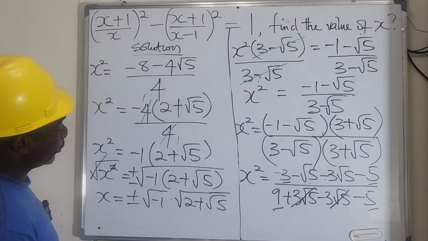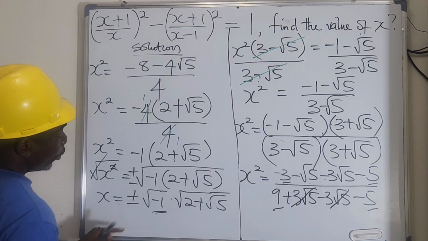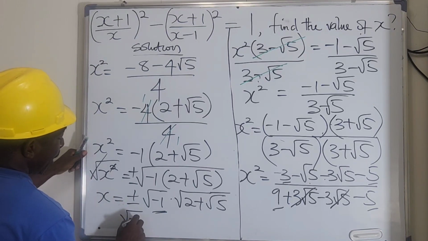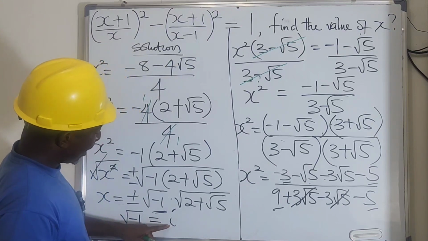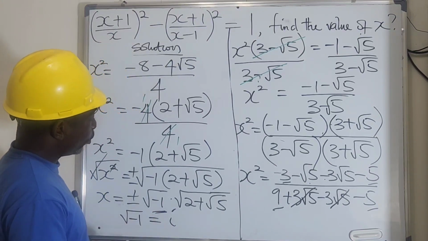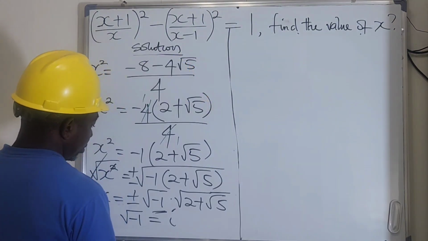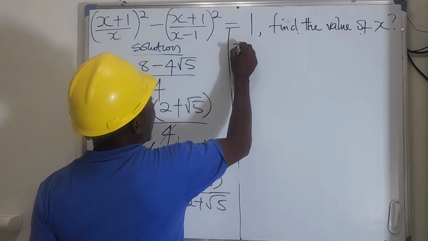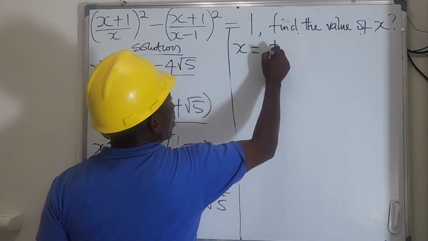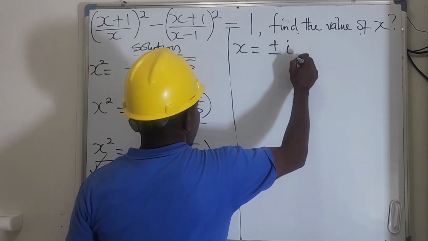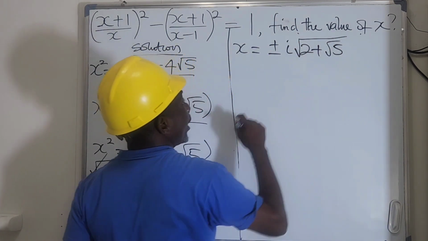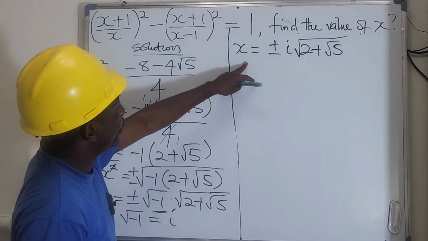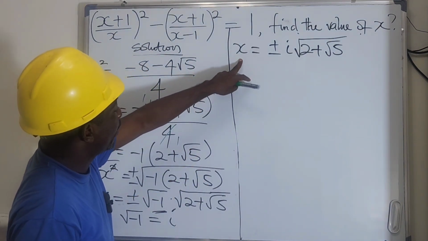The square root of minus 1 is the same thing as i. Substituting, x equals plus or minus i square root of 2 plus root 5. This is the value of our x.